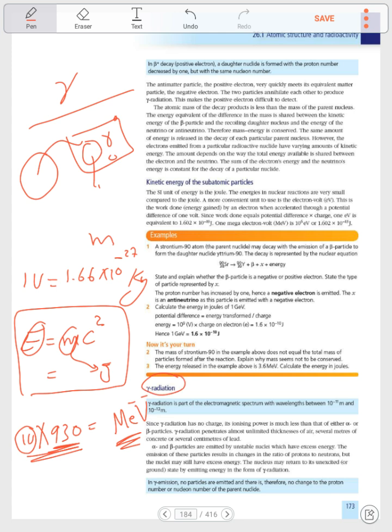Now, gamma radiation is an electromagnetic spectrum with wavelength between 10 to the negative 11 and 10 to the negative 13. Since gamma radiation has no charge, its ionizing power is much less than that of either alpha or beta. In gamma emission, no particles are emitted, and there is therefore no change in the proton number or the nucleon number.